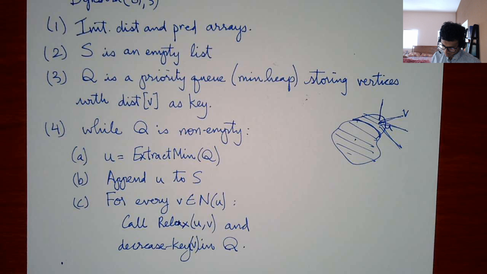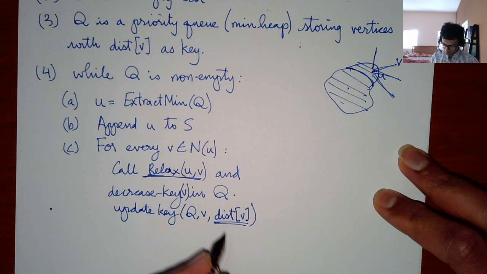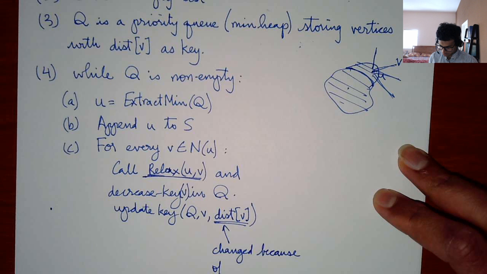So what is the key updated to? So it's in the queue, it's updating the key of V to dist of V. Why does it have to do that? Because dist of V may have changed, because of the relax operation.